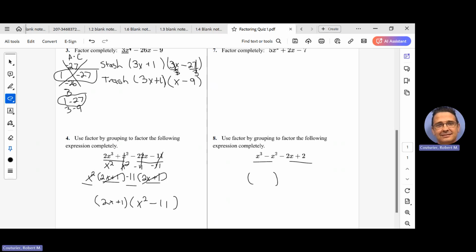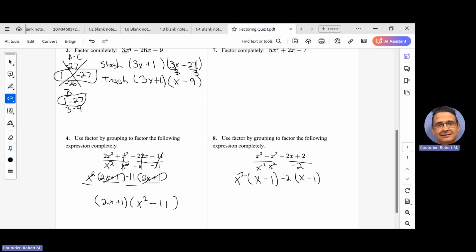The only thing this has in common is x squared. Divide each piece by x squared. Leaves you with an x minus 1. Here, I can factor out a negative 2. If I divide this entire term by negative 2, I'm left with x minus 1.